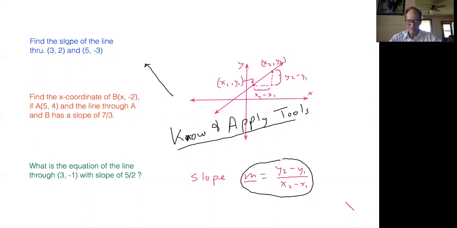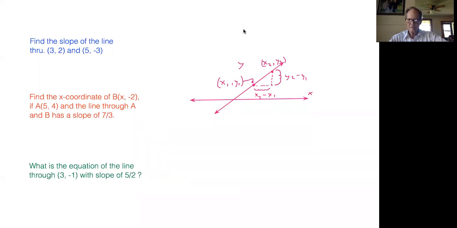This problem: find the slope of a line through 3, 2 and 5, negative 3. That seems pretty easy. Let's do that problem. In this one, I simply apply my tool, m equals y2 minus y1 over x2 minus x1. So I'll call this the point x2, y2, and I'll call this the point x1, y1.